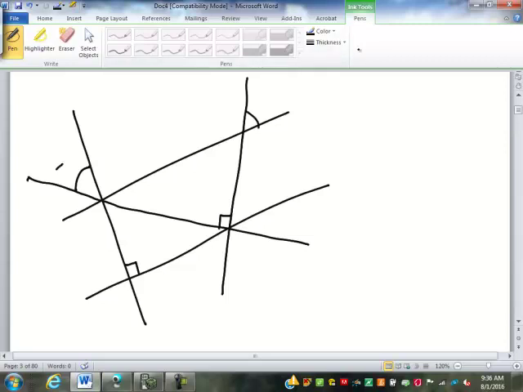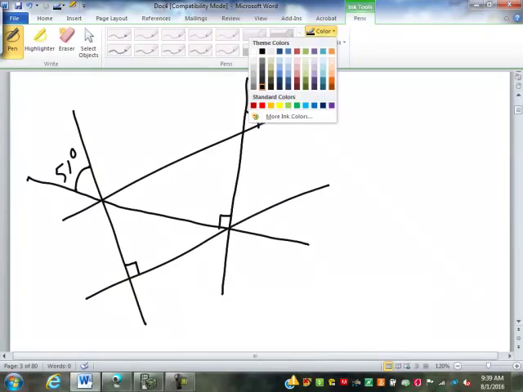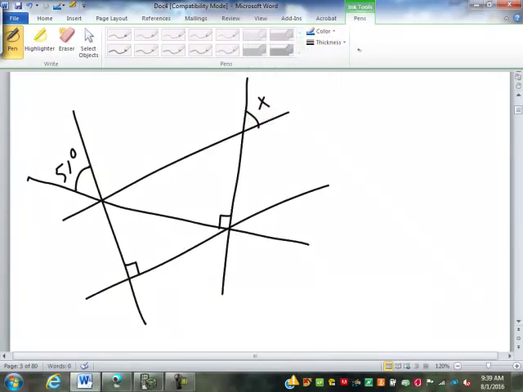If I give you that this is 51 degrees, find this angle here. Anybody want to throw out their answer? 51? Okay. Let's take a look. From what we know, this is 51 degrees. What else can we find from that? Well, what do we know about this angle right here? It's 90.